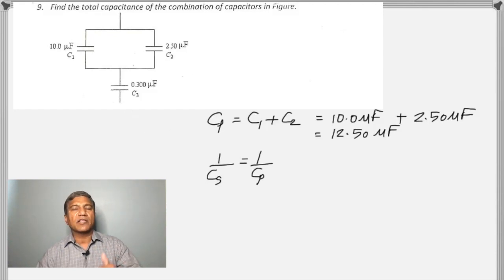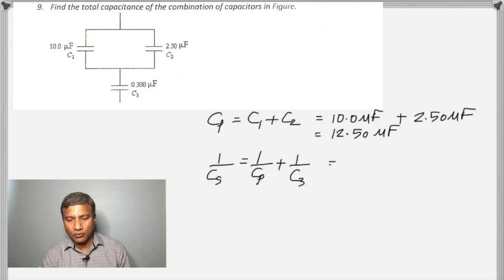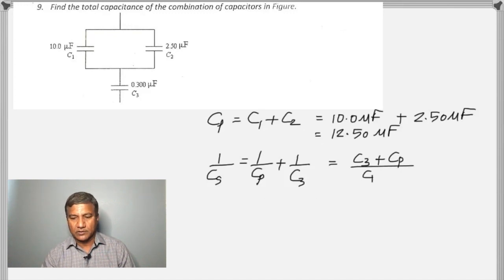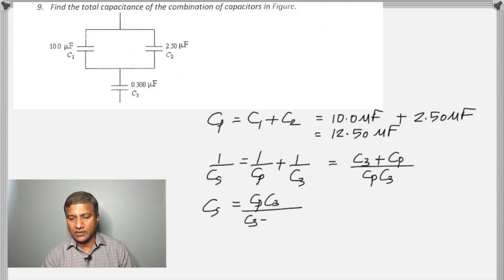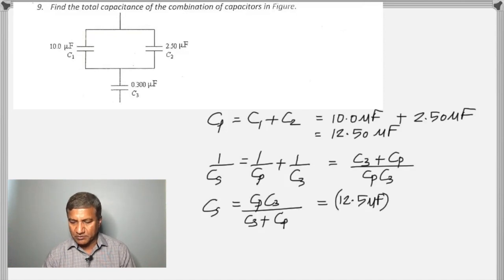And the formula for a combination in series is 1 over the total is equal to 1 by the first one plus 1 by the second one. And I am just using the math there. You may as well put it as 1 by 12.5 plus 1 by 0.3. Okay? Or I have taken the lowest common multiple. I just multiplied those two and put it up there. This is an easy way to remember, and then you flip it. Let me stop it right there.